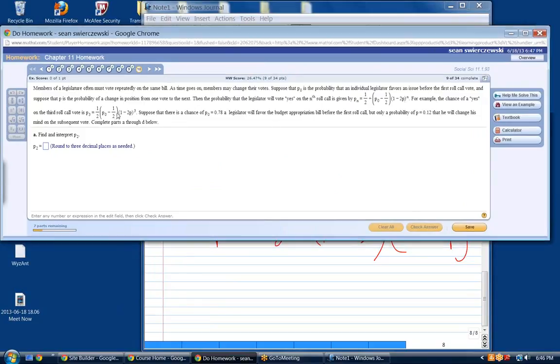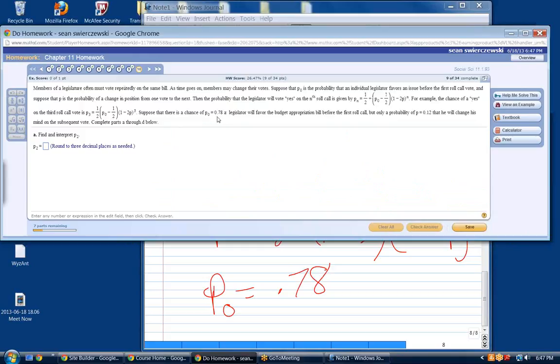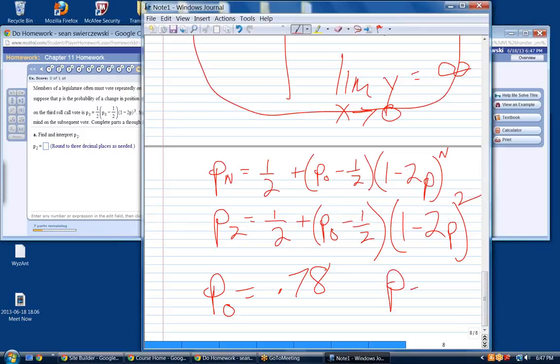Okay. Notice that there is a P sub 3 also. Well, P sub 3 is just substituting 3 for n. P sub 0 they've given us. P sub 0 is equal to 0.78. Right there? Uh-huh. And then P right there. And P is 0.12, excuse me.